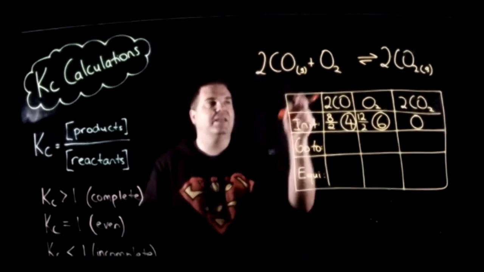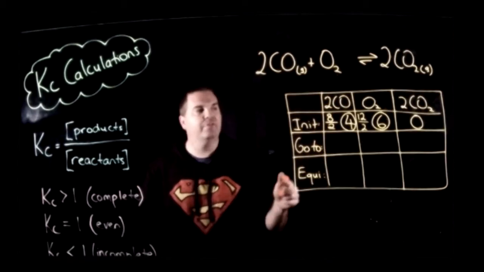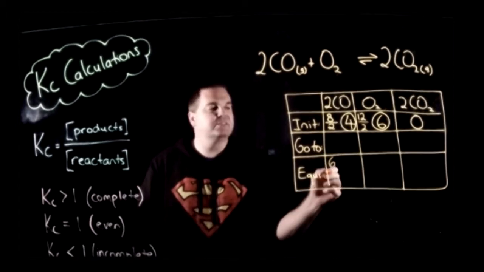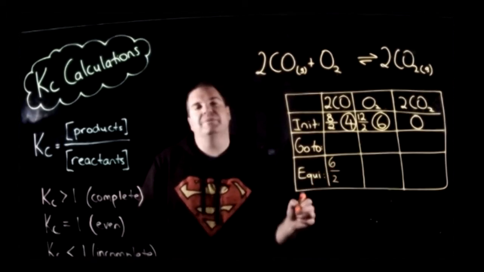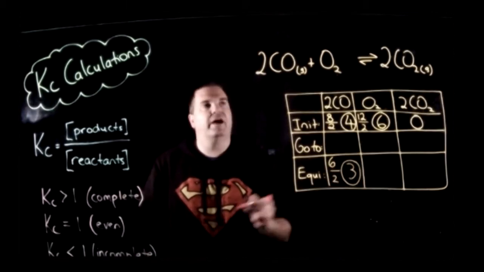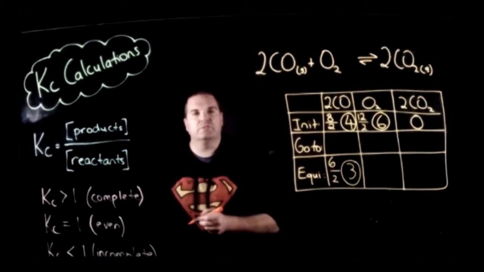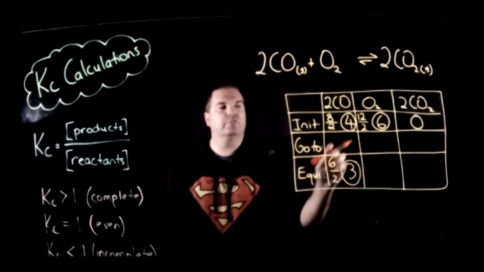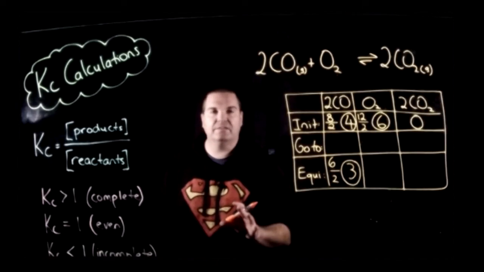At equilibrium we have 6 moles of carbon monoxide, still in a 2 litre container, which means at equilibrium we've got 3 moles per litre of carbon monoxide. So this is a little bit different from last time, as we've got one of the reactants rather than the product, but we follow it through exactly the same way.